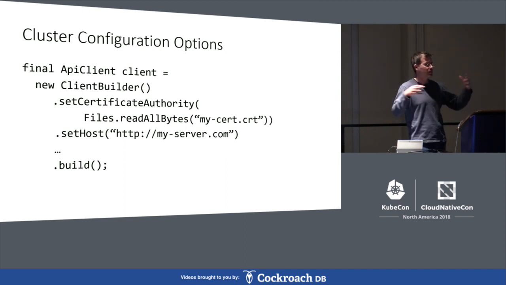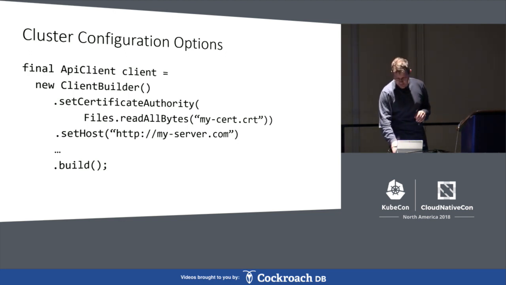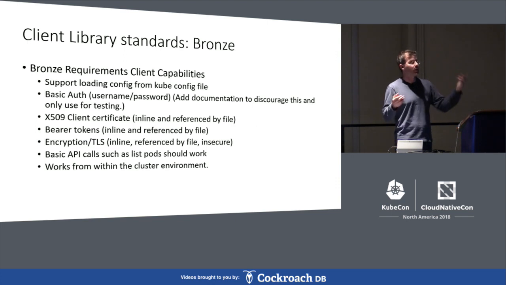I mentioned as well that one of the core, so this is an example of parity, right? We want to make sure that all of these libraries have exactly the same capabilities and exactly the same experiences. To achieve that, we actually have a set of standards defined for these client libraries, starting with a bronze standard that basically describes the capabilities that we expect of a client library at the bronze standard.